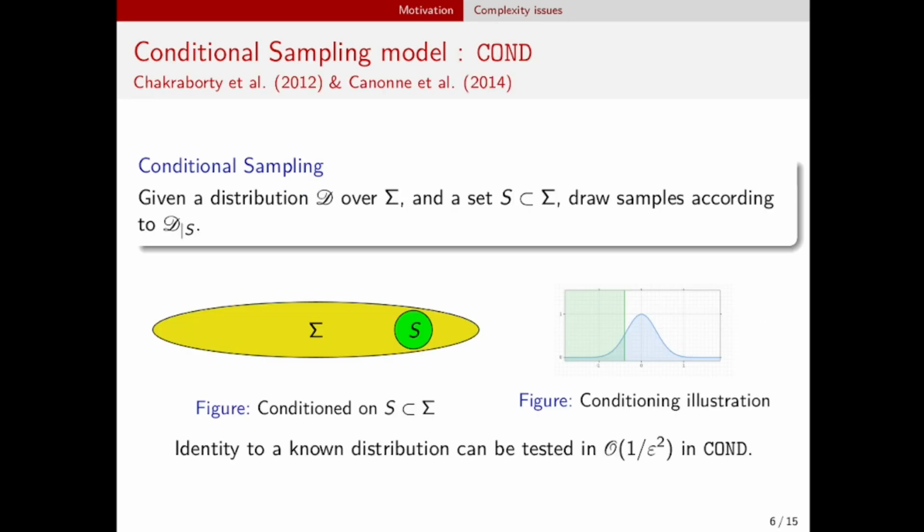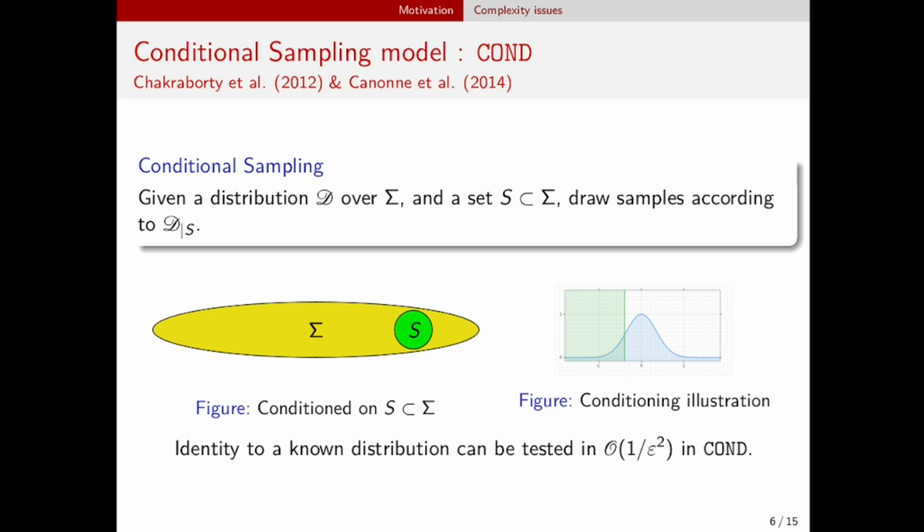But then there comes this conditional sampling model which was developed by Chakraborty et al. and Canonne et al. In the conditional sampling model, along with the normal sampling access, you can also choose a subset of the domain and query samples from only that subset of the domain. As you can see in this picture, on the right hand side of the slide, there is a normal distribution, and we know that the normal distribution when queried will only provide you samples within the vicinity of the mean.